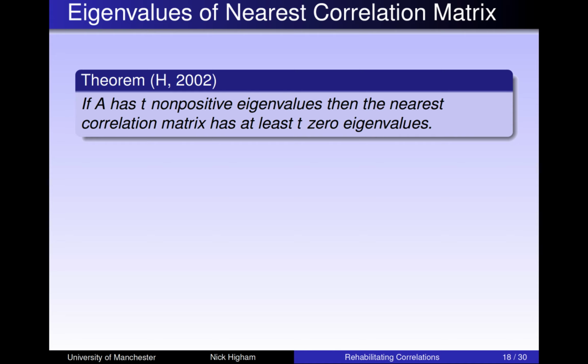We want to perturb those eigenvalues to be at least zero. So we've got to move them to the right along the real axis to make them at least non-negative. And since we're making the minimum possible perturbation, there's no point moving those eigenvalues any further than the origin, otherwise we'd be doing more work than necessary. So intuitively, this result makes sense for that reason.